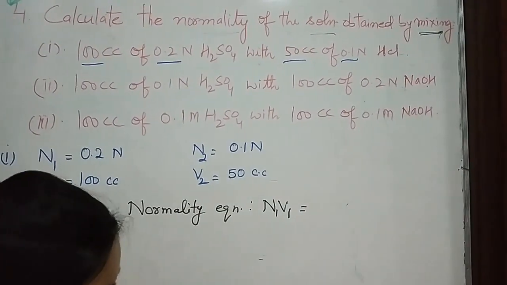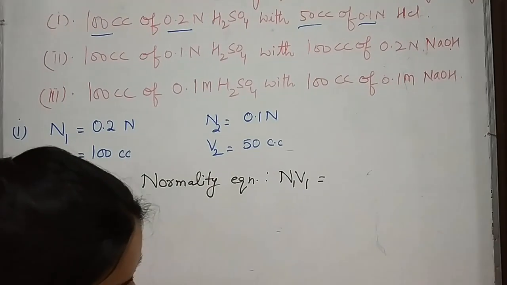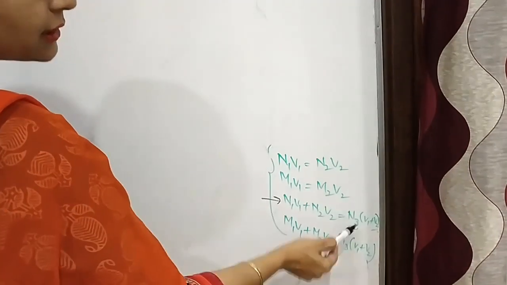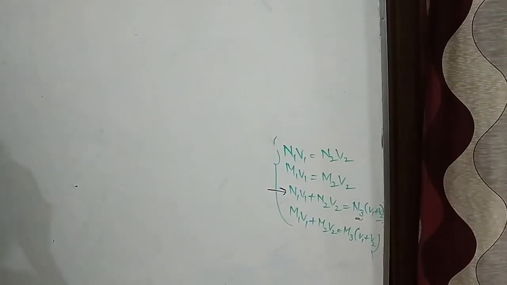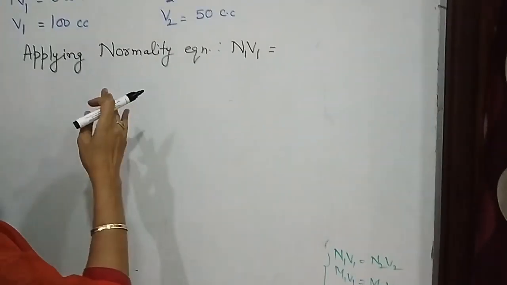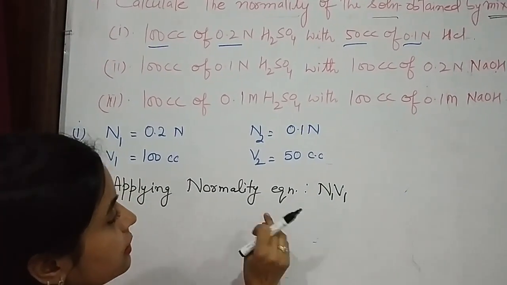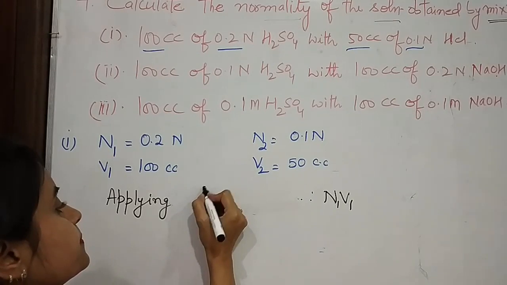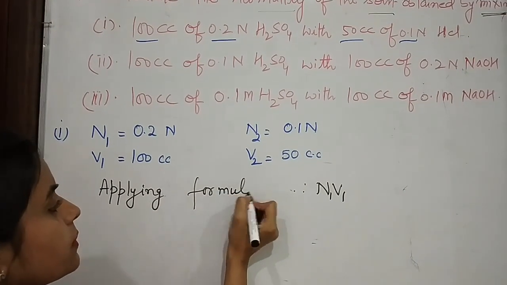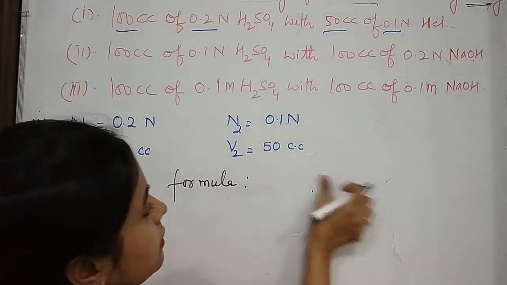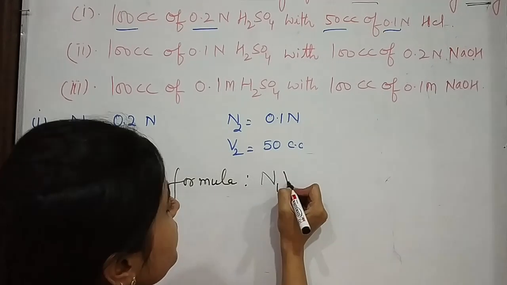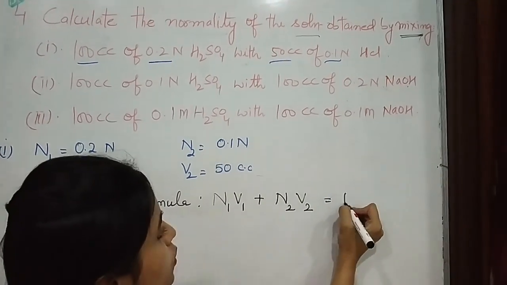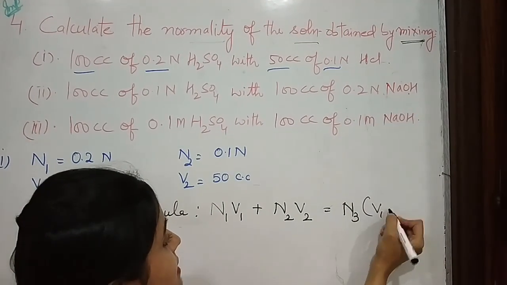That means this is for the first solution, this is for the second solution, and we have to find out this N3. So you can write here, applying formula N1 V1 plus N2 V2 is equal to N3 (V1 plus V2).